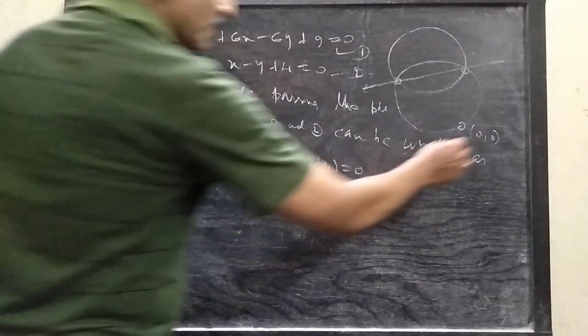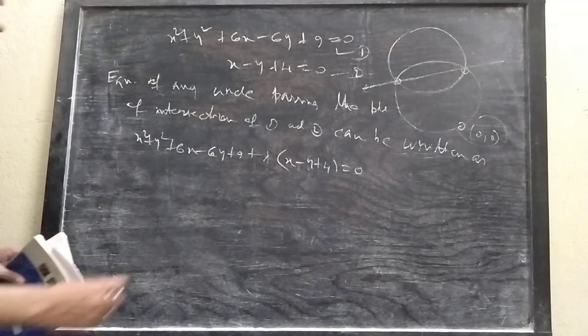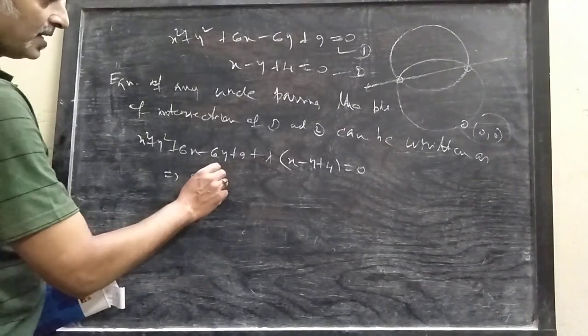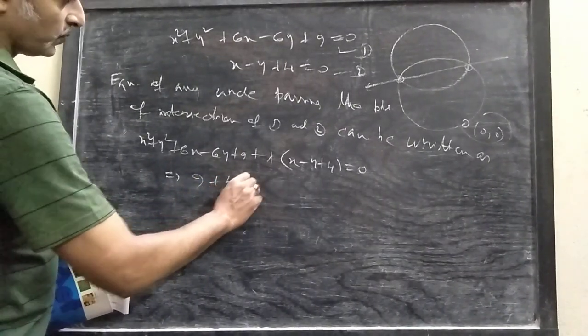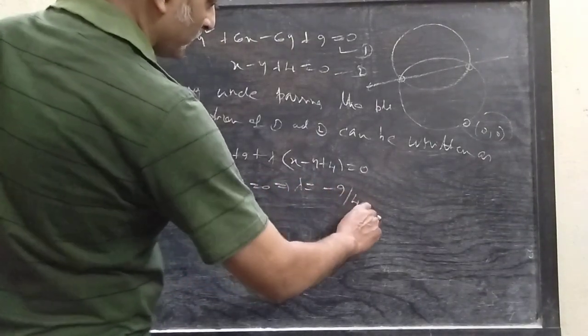Now as the required circle passes through the origin, just put x equals 0, y equals 0 here. You get 9 plus 4 lambda equals 0, which gives us lambda equals minus 9 by 4.